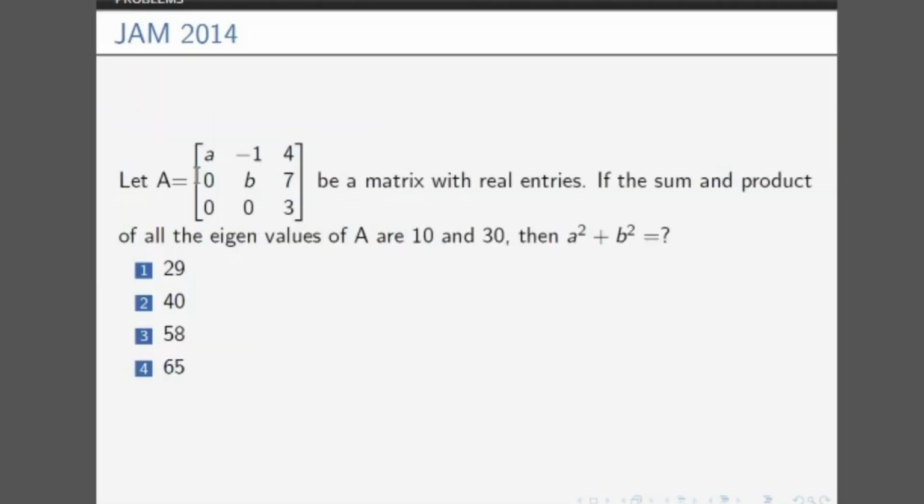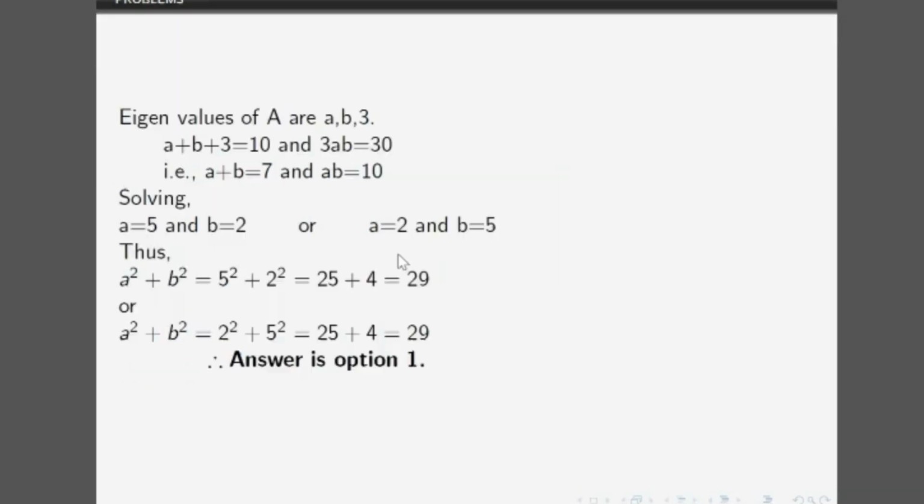So that's it. The only point to be noted here is that for an upper triangular or a lower triangular matrix, its diagonal values will be the eigenvalues of that matrix. I have told only about diagonal matrices, but even in the case of triangular matrices, the diagonal entries will be the eigenvalues. So here a, b, and 3 are the eigenvalues of A, and we have the sum of eigenvalues and the product of eigenvalues.